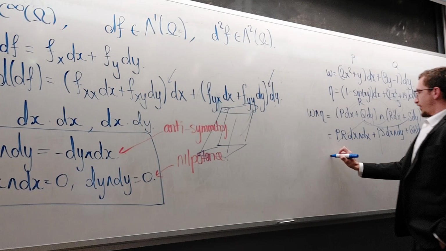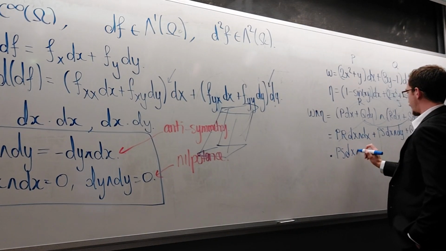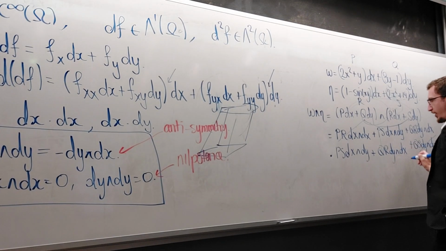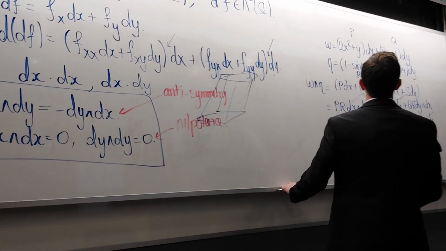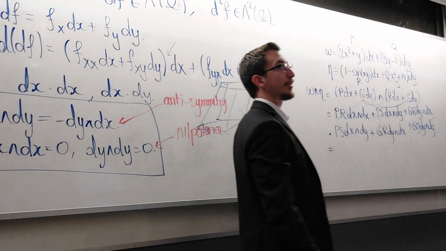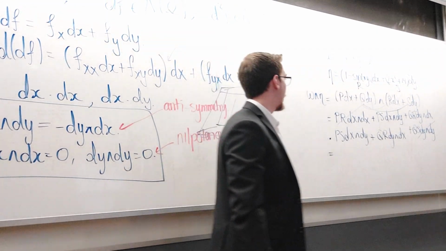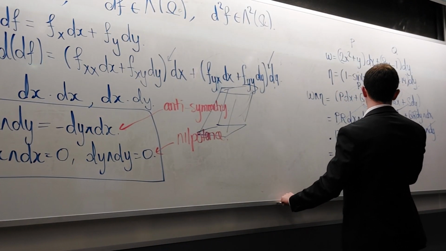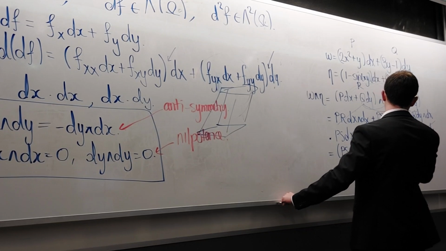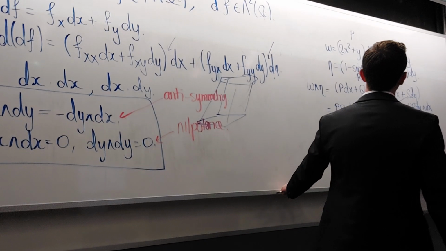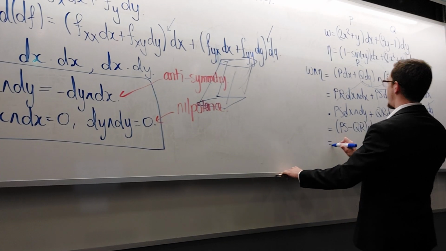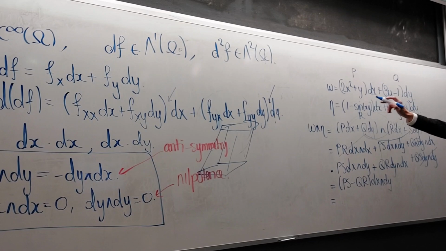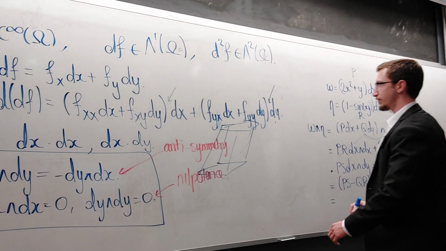So we're left with PS dx wedge dy plus QR dy wedge dx. Okay. This now simplifies to, exactly, PS minus QR. Substituting this back in, I know that P is 2x squared plus y.